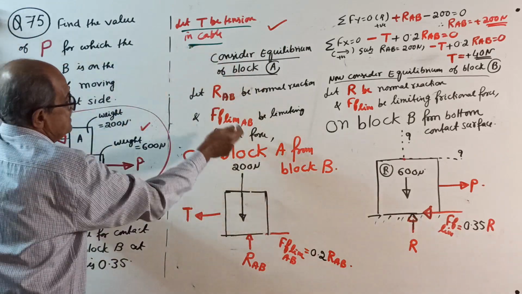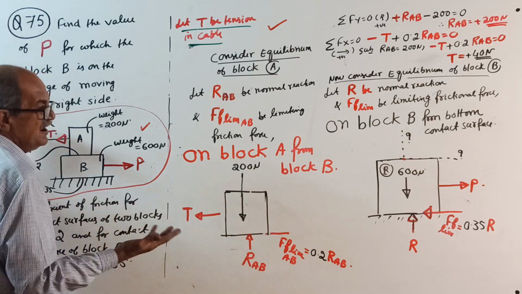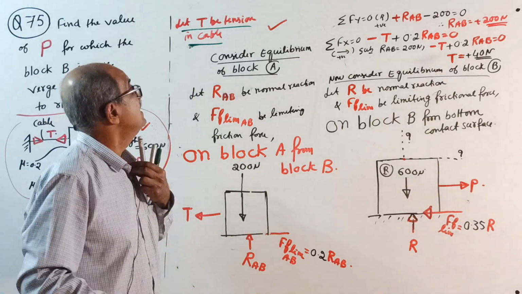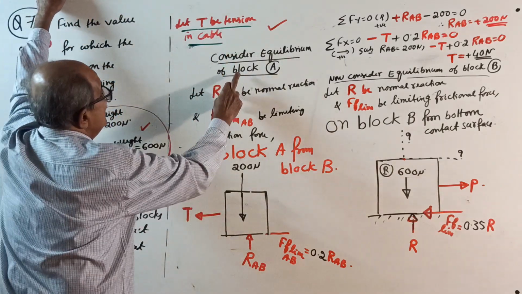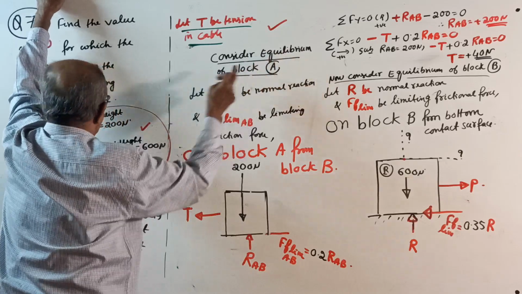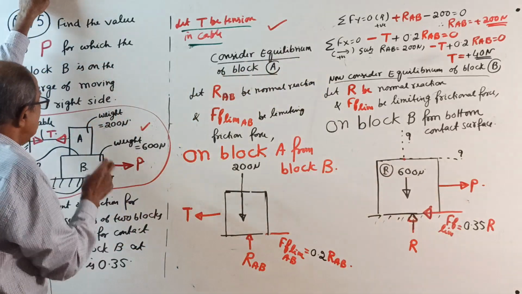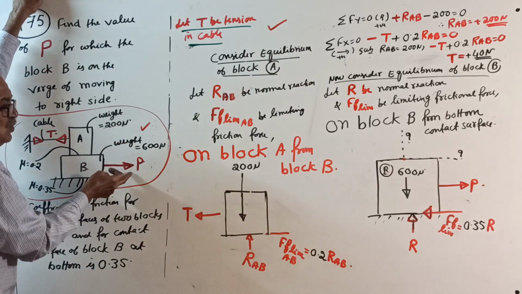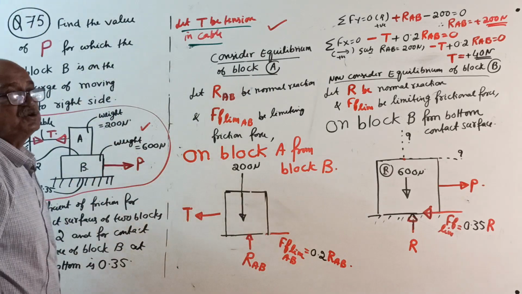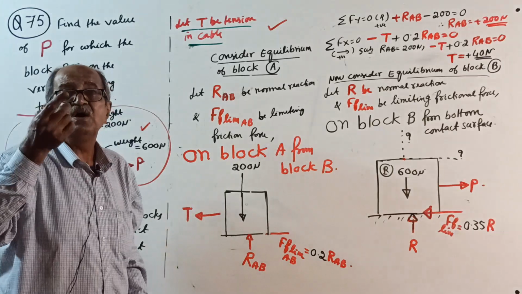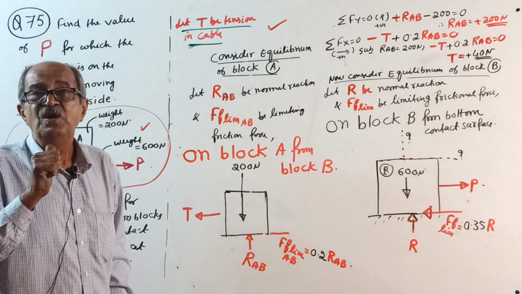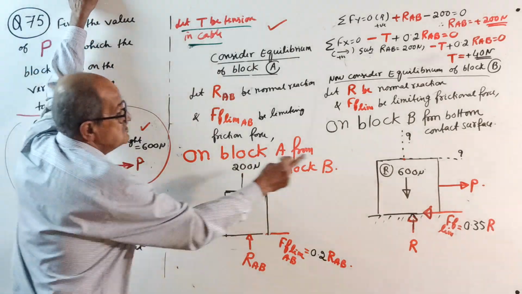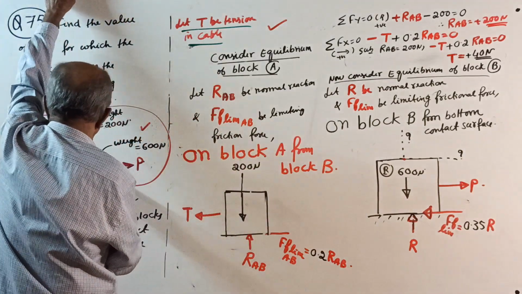Tension means pulling this way. You already know this, but still, to understand, let T be the tension in the cable. Then consider equilibrium of block A. Again remember, block A, because your unknown is for block B. You should always start with the block where the unknown is not there, and do the block with the unknown last.